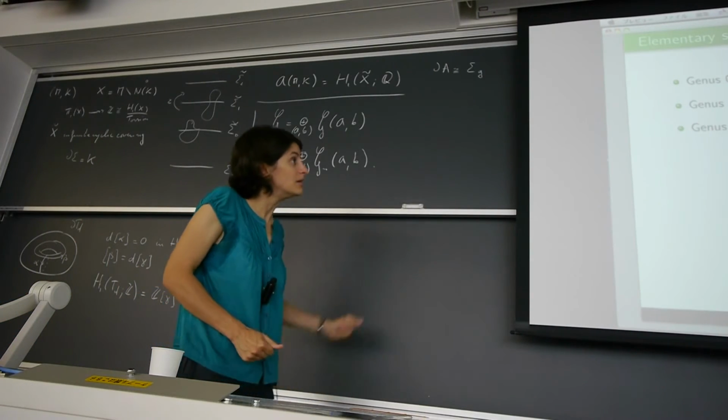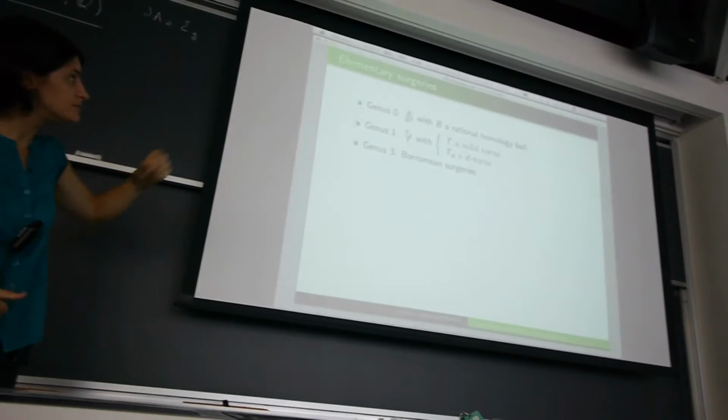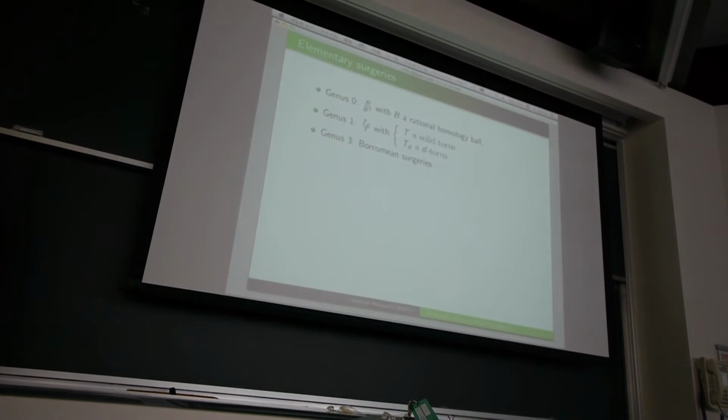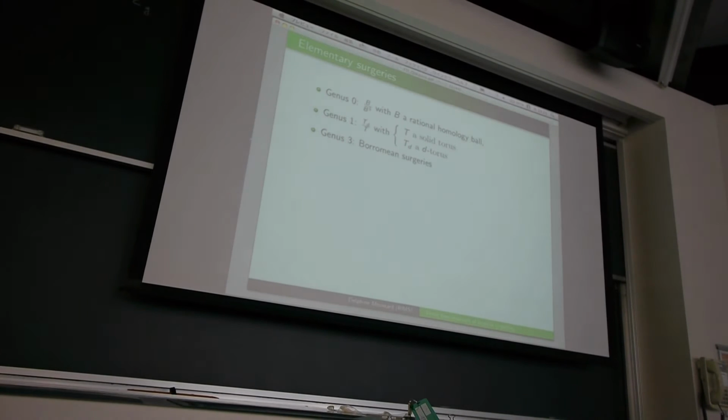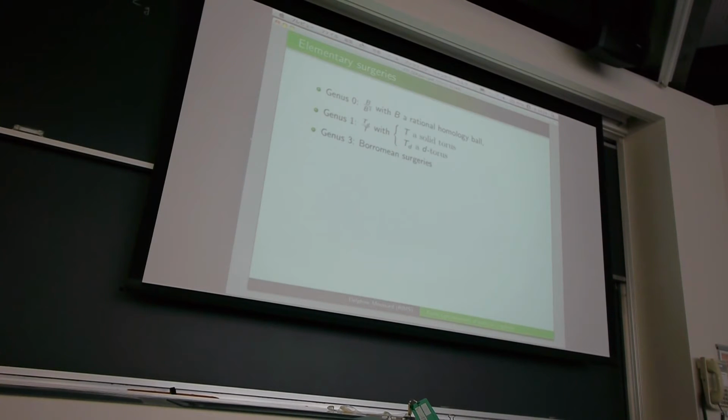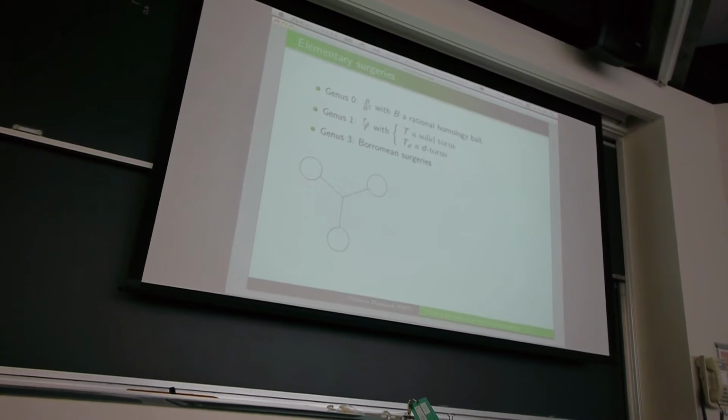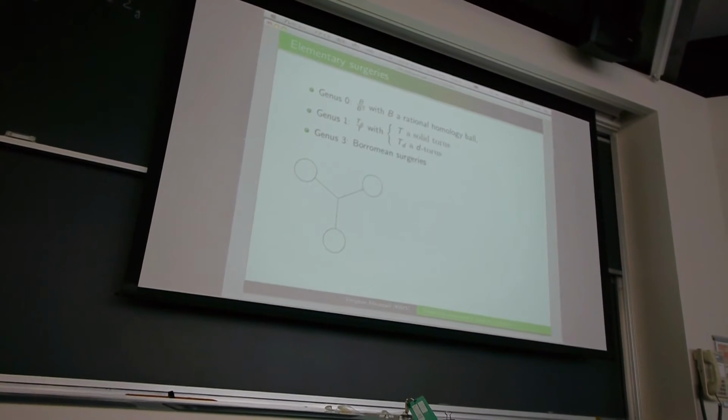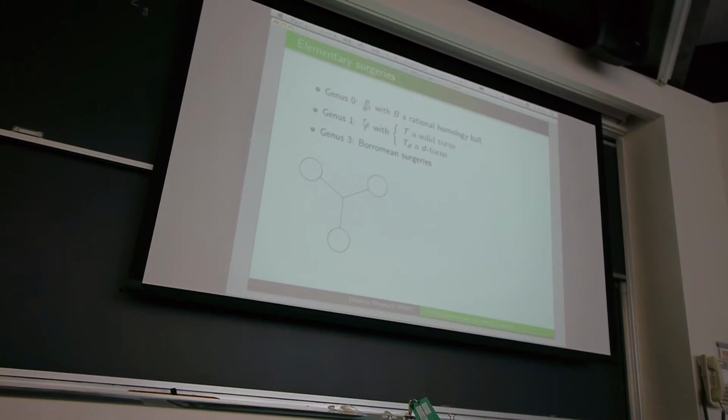And the last elementary surgery, the most important one, is the Borromean surgery, which appeared already in definitions of the Garoufalidis theory and others. And this move can be defined in the following way. Take a Y graph, so a graph of this kind, and embed it in a manifold.